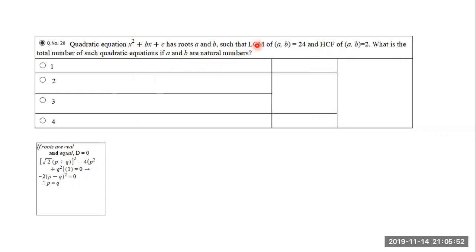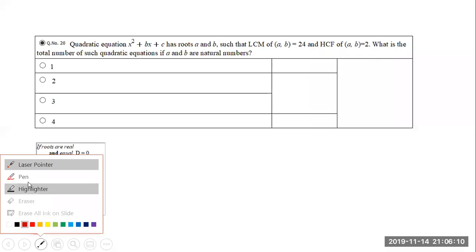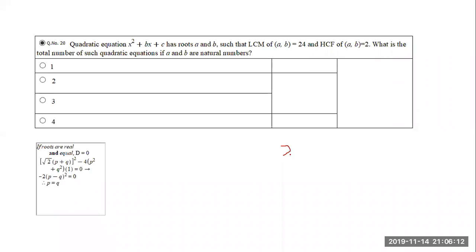I changed this question because the answer for this is given as 2, but I got the answer as 3. Okay. Because, how I'll tell you, LCM of A and B is 24 and HCF is 2. Therefore, the numbers should be like 2 alpha and 2 beta.